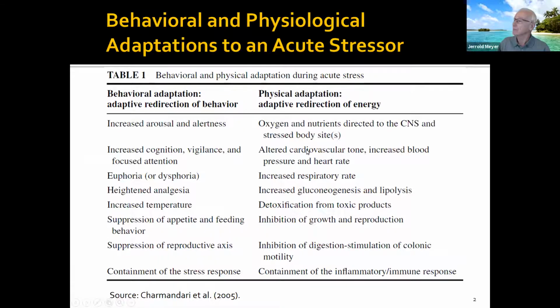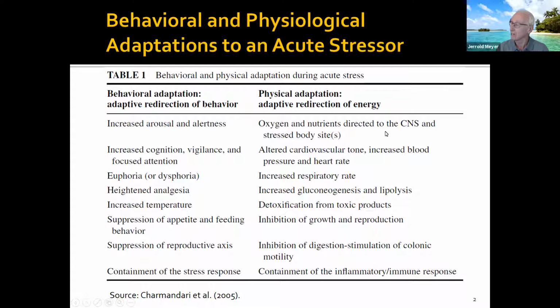So we'll start with this table, which shows some of the behavioral and physical or physiological, I would say, adaptations to an acute stressor. So I'm going to focus over here on this slide.